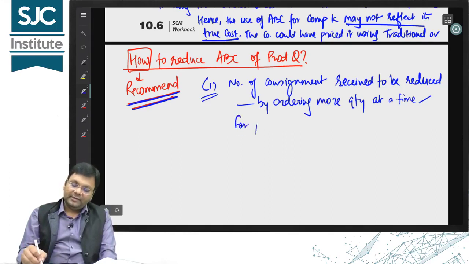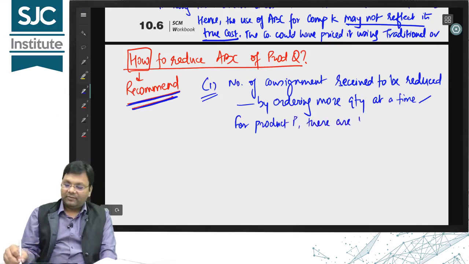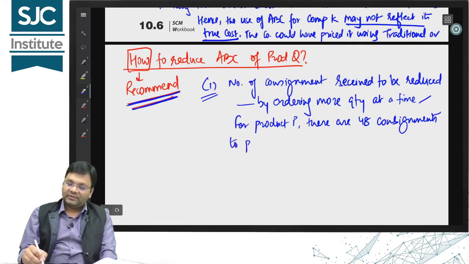For product P, there are 48 consignments to produce 15,000 units.